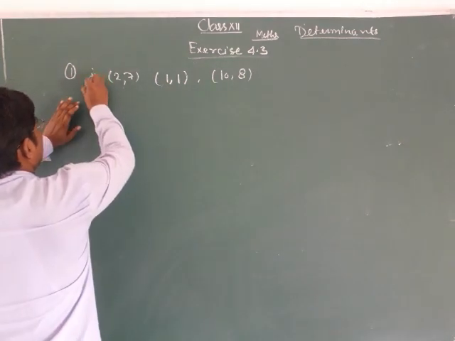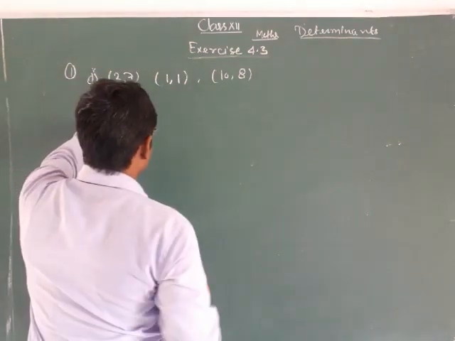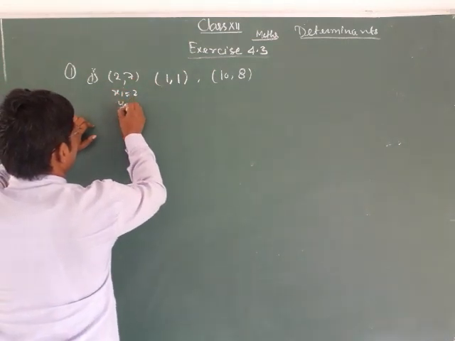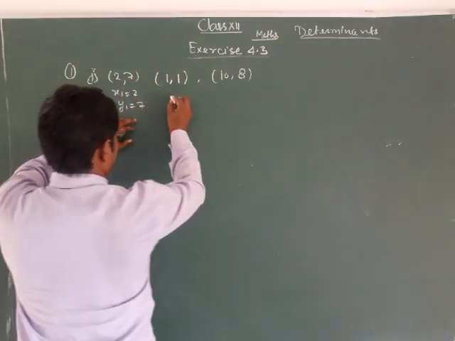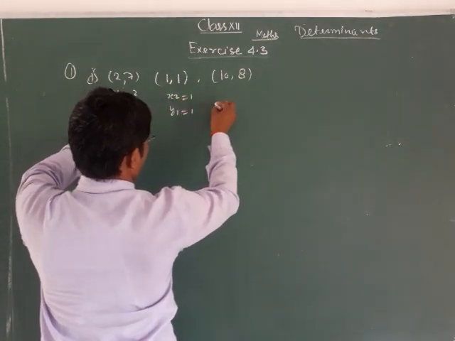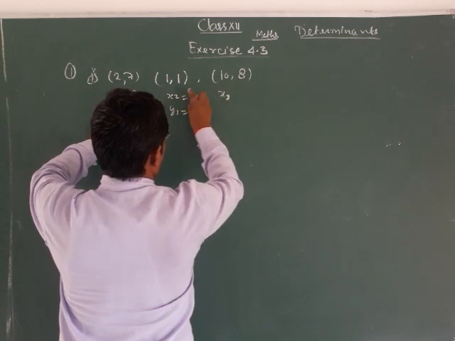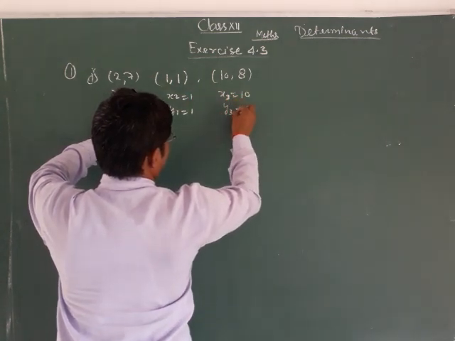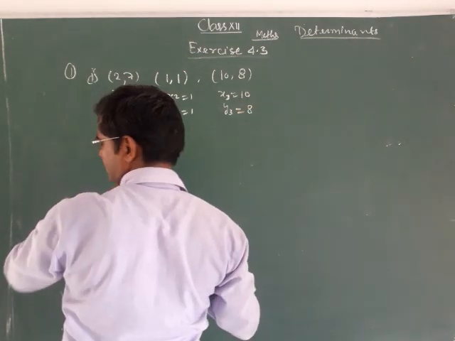Second part. Given points x1 is equal to 2, y1 is equal to 7, x2 is equal to 1, y2 is equal to 1, x3 is equal to 10, y3 is equal to 8.